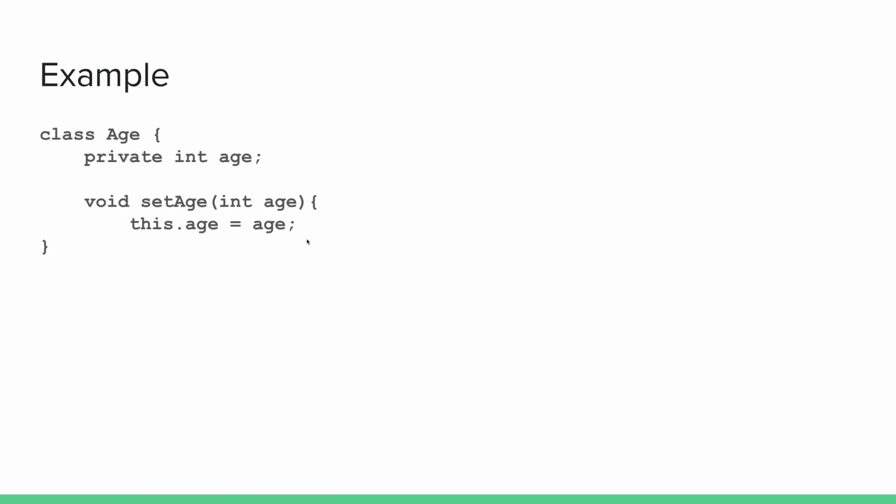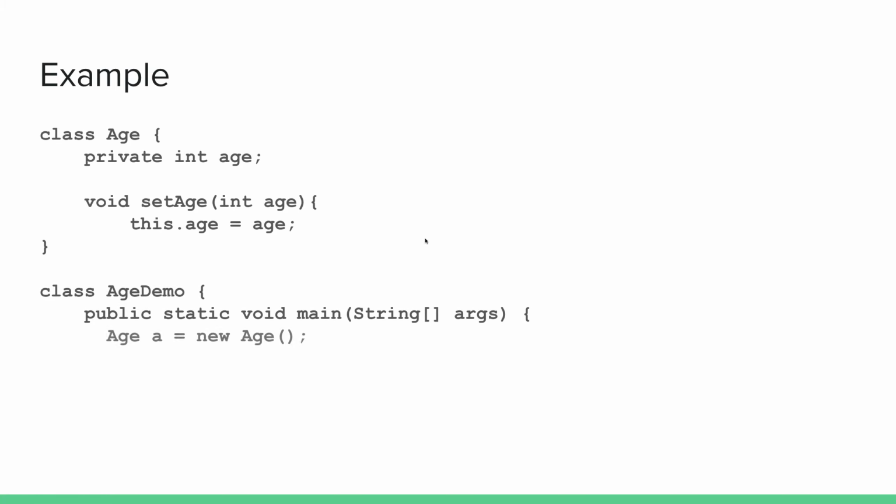However, we have no trouble accessing it from within the Age class. However, in a demo class, say we have a = new Age, and then calling a.age and setting a value will be illegal, and you're going to see a compiler error.